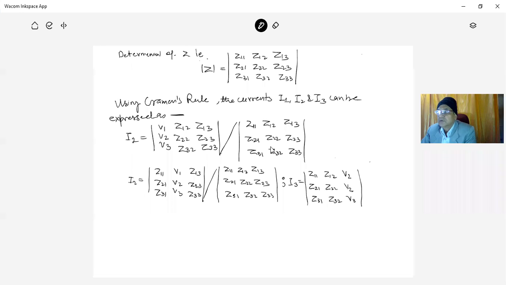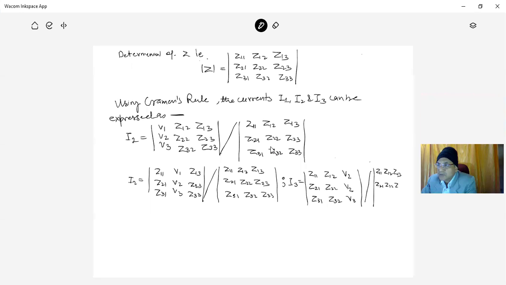And the whole thing is divided by the determinant Z11, Z12, Z13, Z21, Z22, Z23, Z31, Z32, Z33.